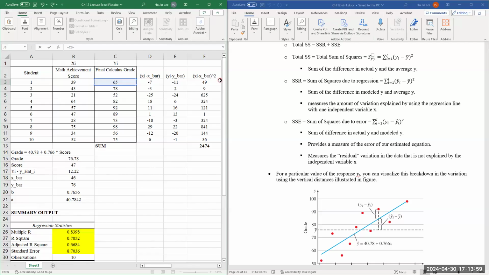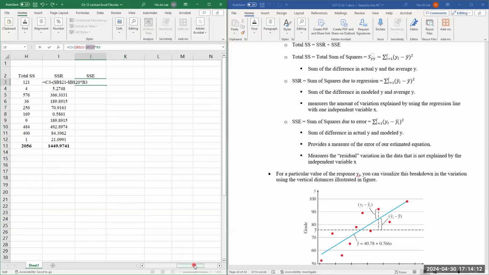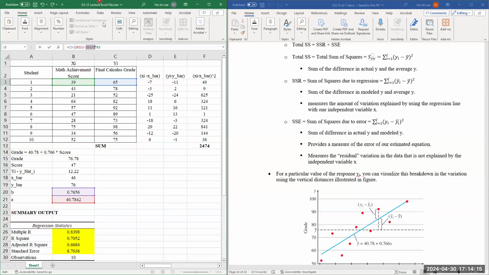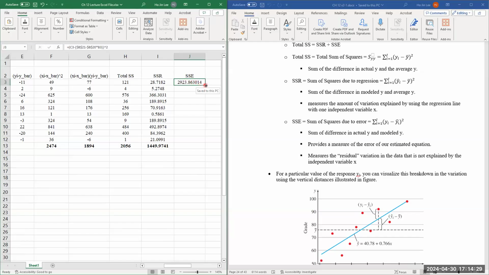And again, that one we need to calculate, which is A plus B times X. And these all have to be anchored except for X. And the whole thing has to be in parentheses, squared. Scroll that down. Take the sum of it.